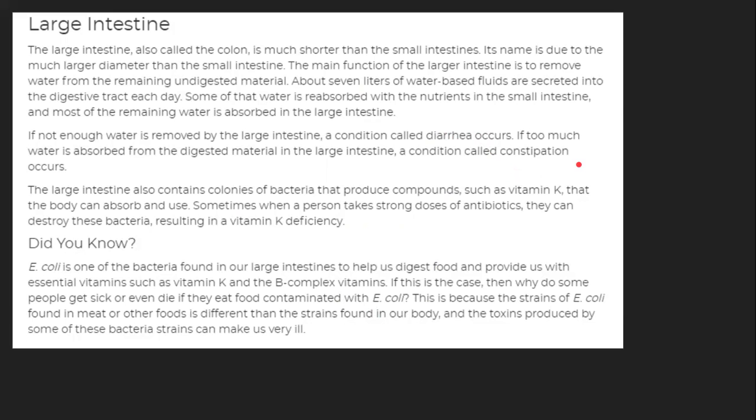Now, one important additional thing is that the large intestine is filled with bacteria. Okay. Now, most of these bacteria are good bacteria, right? So the body actually needs good bacteria in the large intestines, right? That's why, for example, if you've ever heard of probiotics, people take a lot of probiotics.